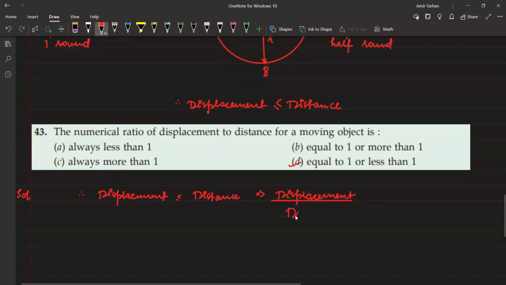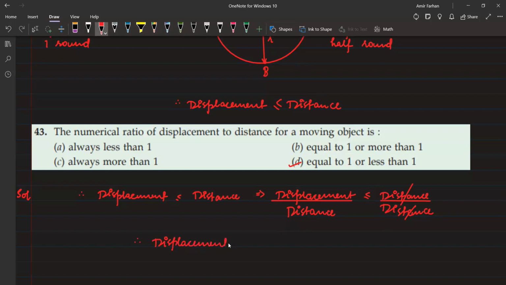So distance cancels, and ultimately you have displacement by distance is less than or equal to 1.